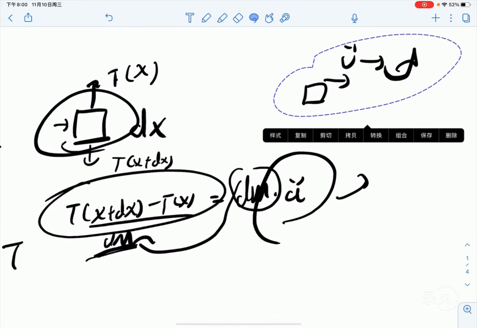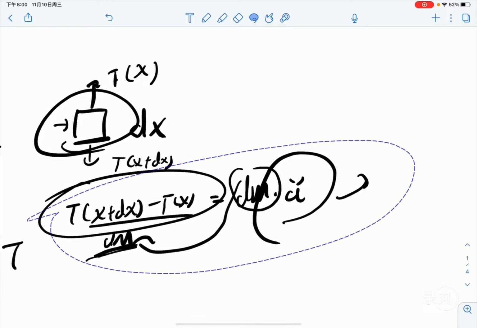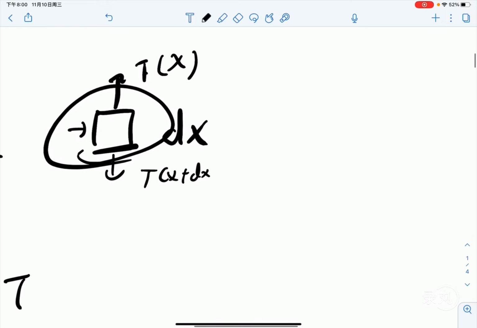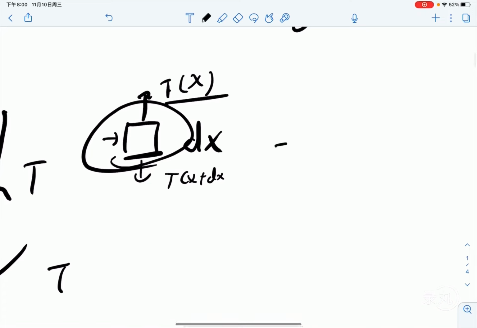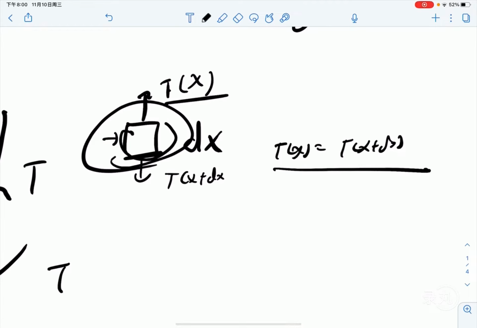So we must have T(x) and T(x plus dx) equal to each other. The small part of the string will have no acceleration. Okay.